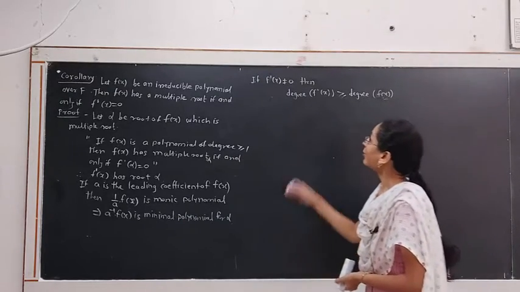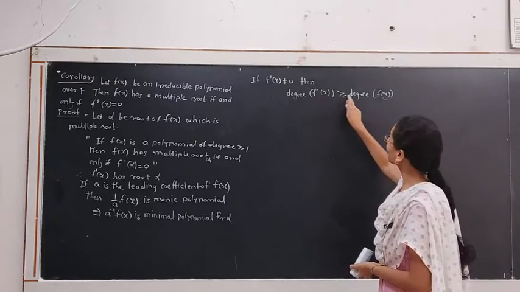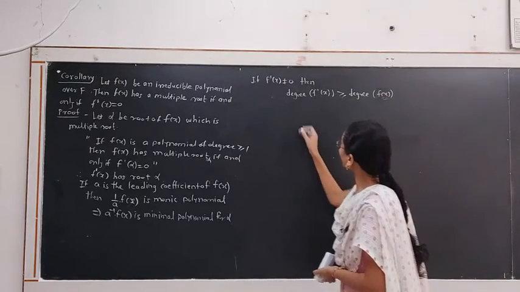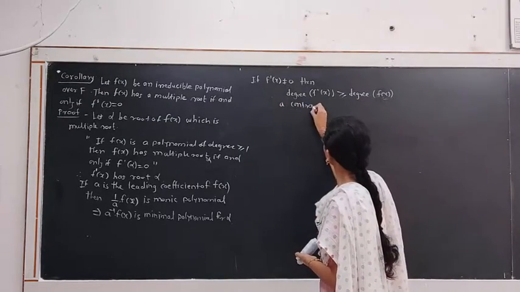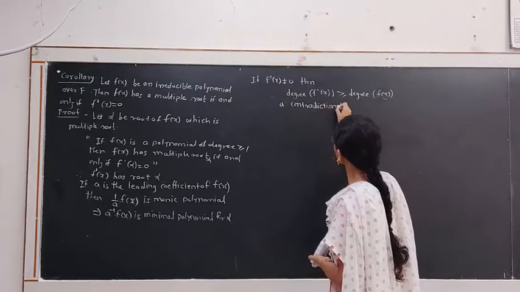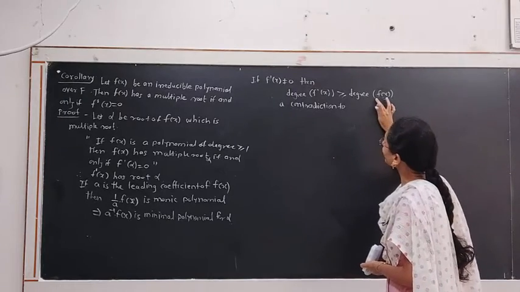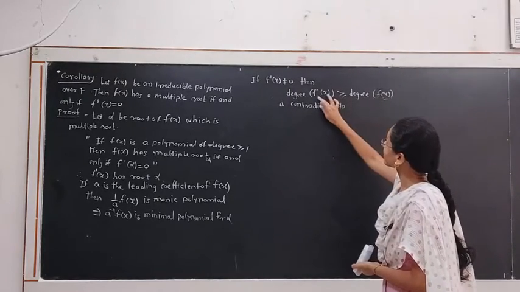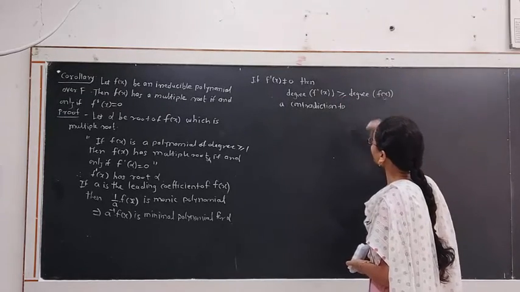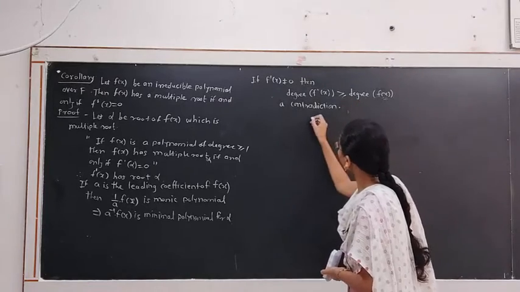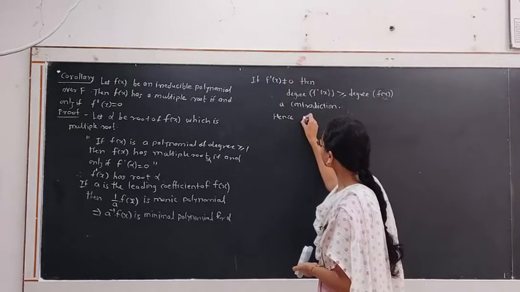This is a contradiction to the fact that f dash x is the derivative of f(x) and its degree is smaller than the polynomial f(x). Hence, we must have f dash x equal to 0.